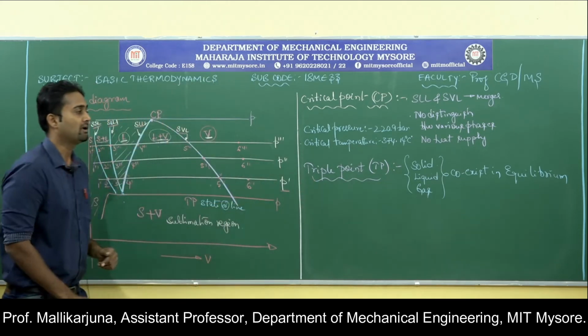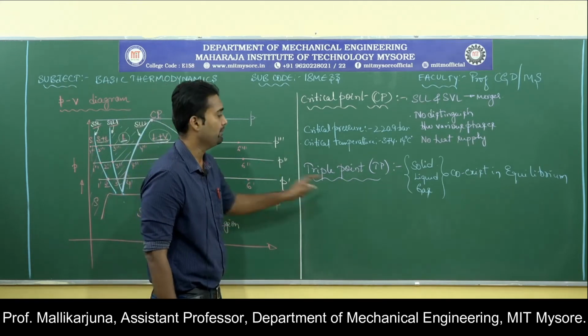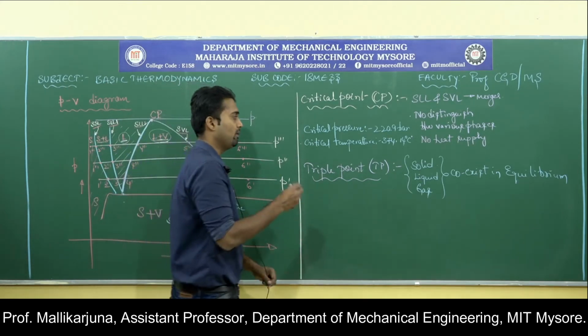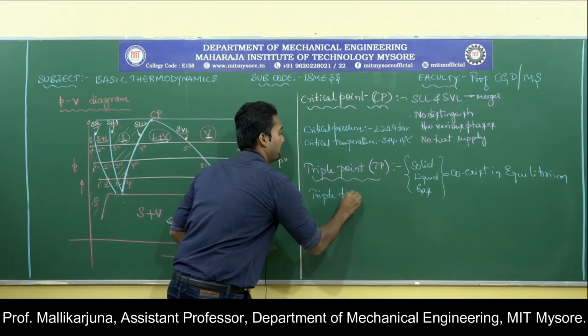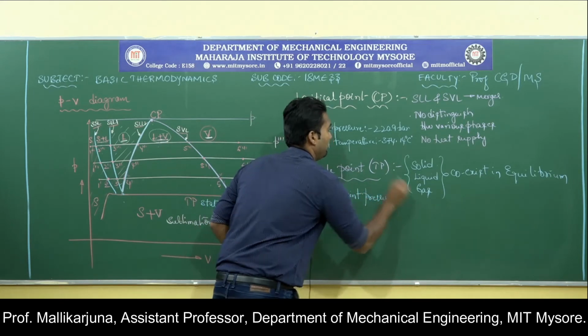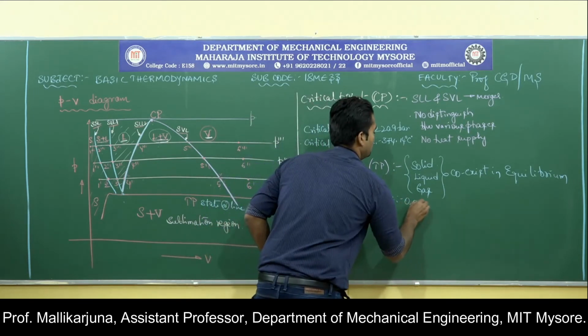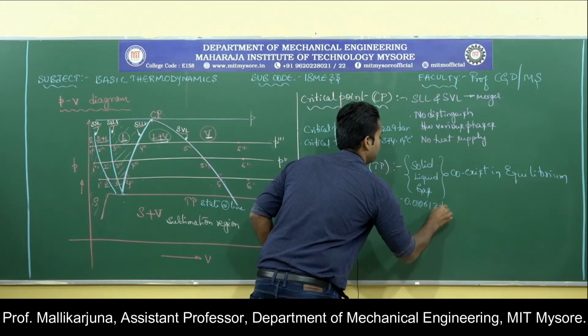We have triple point values also, I mean triple point pressure as well as triple point temperature. So the triple point pressure is nothing but 0.00613 bar.